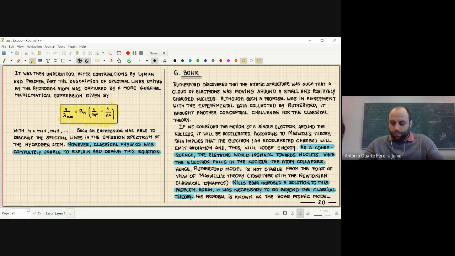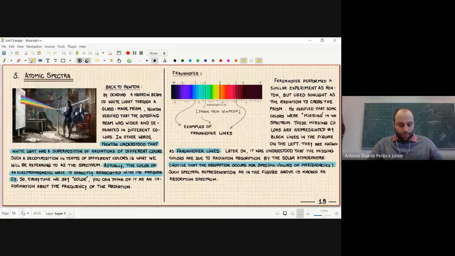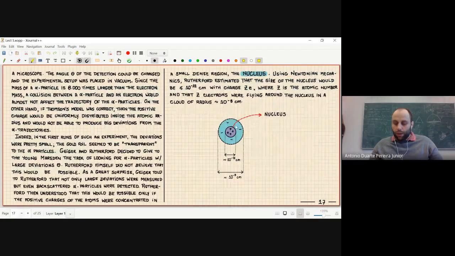And this is a conceptual challenge for the classical theory. And the reason is the following. When you have this model that was described by Rutherford, let me go back. You are going to have negative charges essentially rotating around the nucleus.